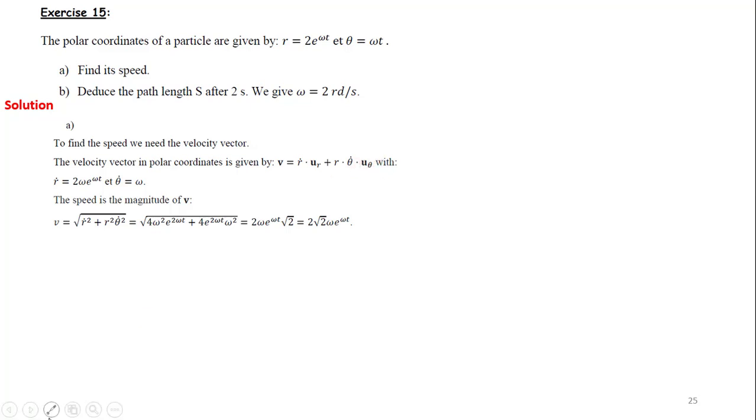Instead of u_r, you can write e_r. It's the same, okay? It means the unit vector along the radial direction. And u_theta is the same as e_theta.